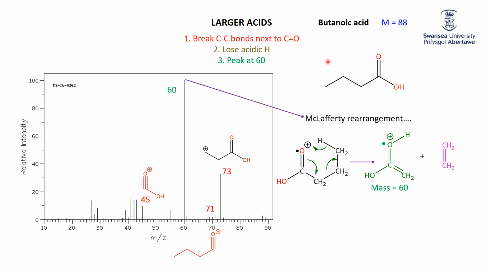We've talked about all of the carbon-oxygen interesting bits, essentially fragmentations associated with being next to the carbon-oxygen single bond or double bond to give you those nice extra stable cations, and then some other special things associated with alcohols and with acids. A lot of this, more than you would expect at A level.